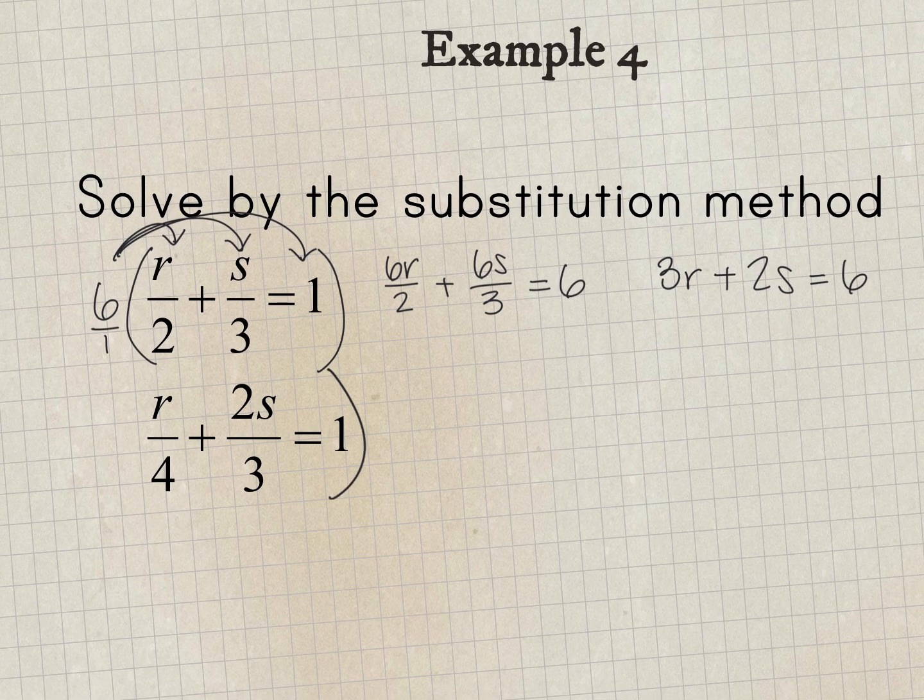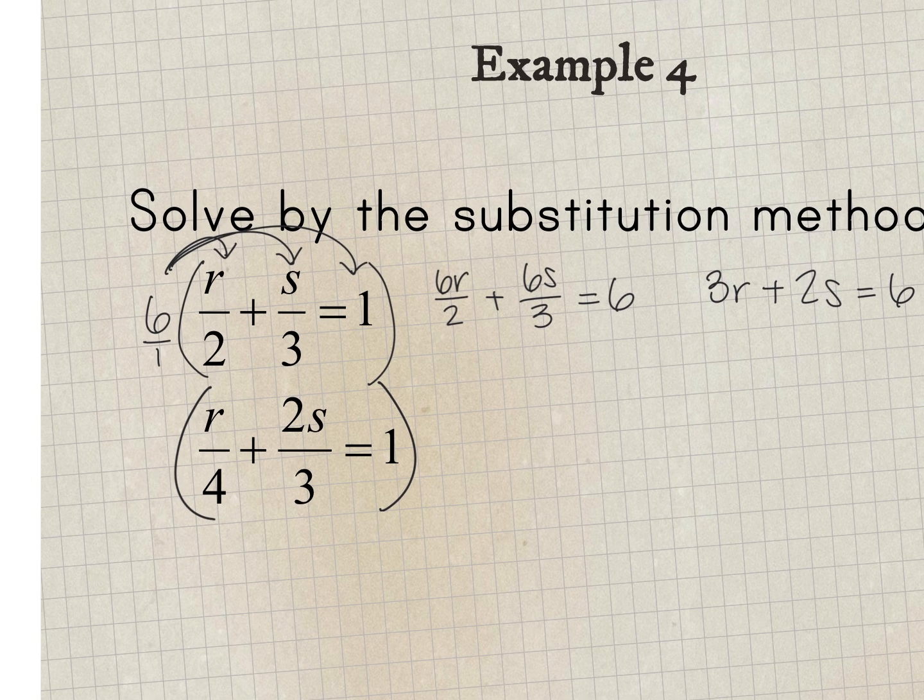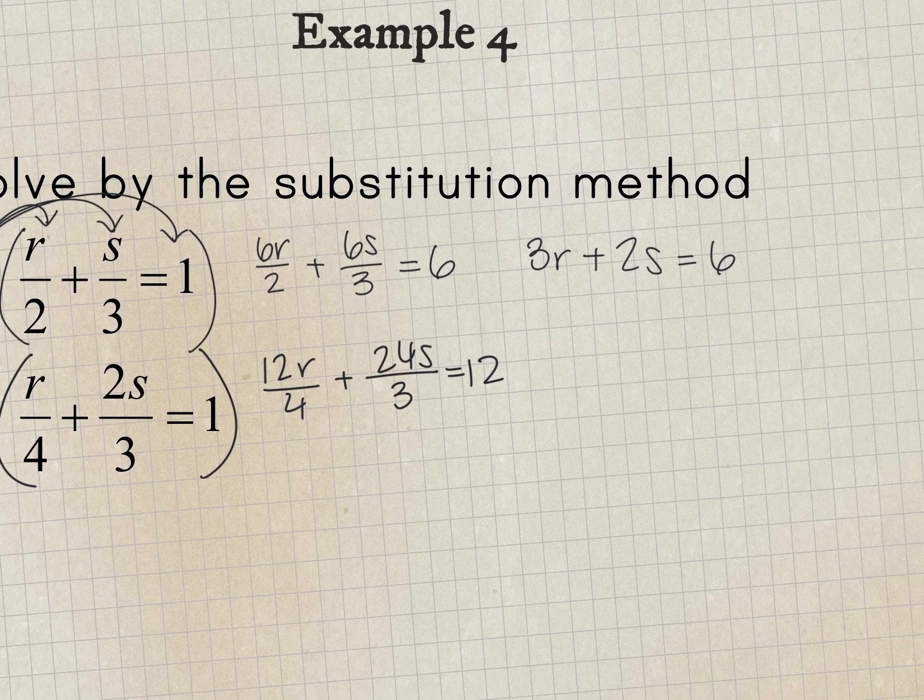So again, what is my least common multiple of 4 and 3? Good, I'm going to use 12. And again, I'm going to change it to 12 over 1. So now I have 12r over 4 plus 24s over 3 equals 12. And I can simplify those fractions. I'm going to simplify them to 3r plus 8s equals 12.